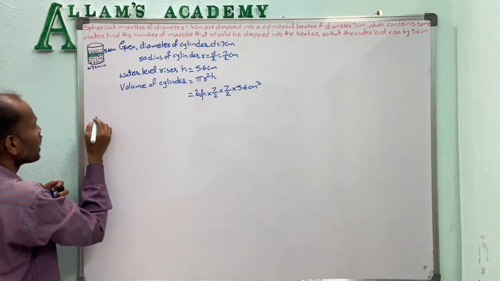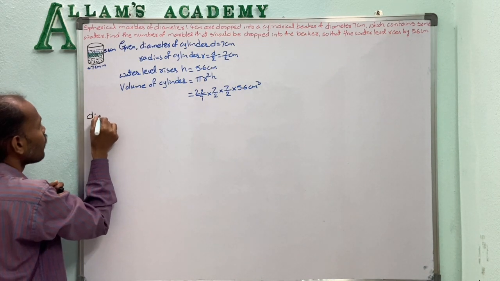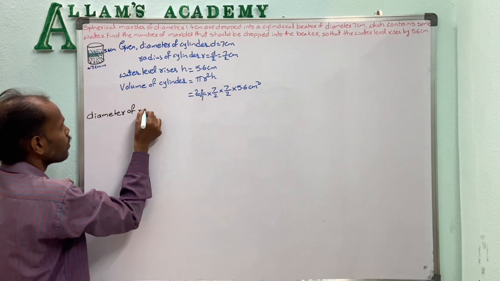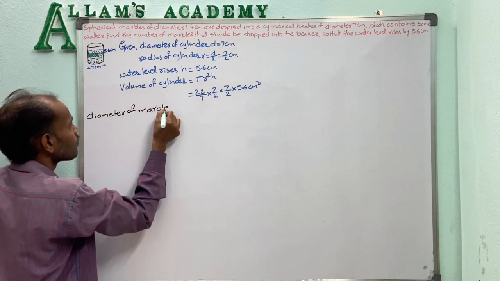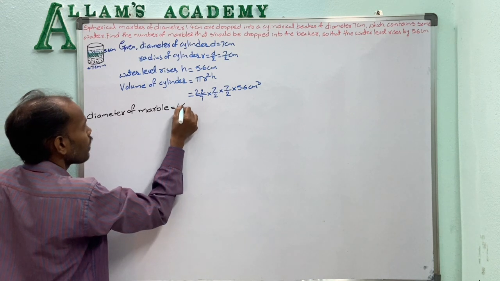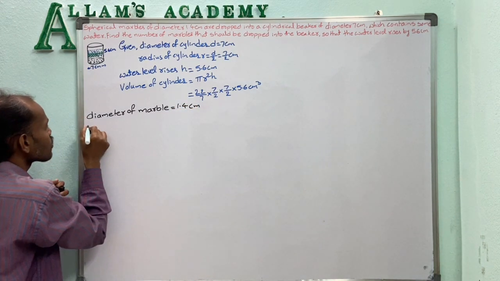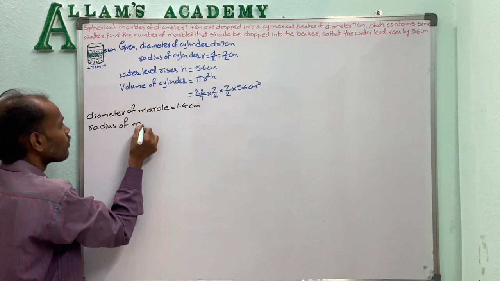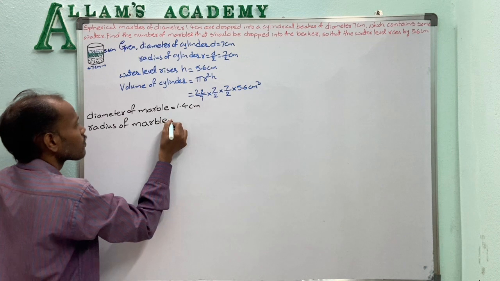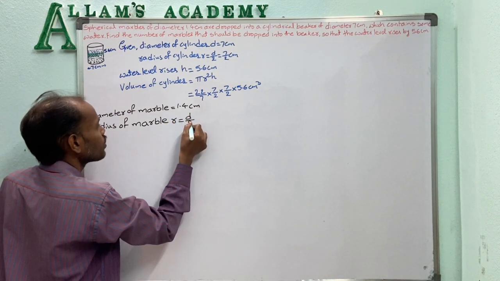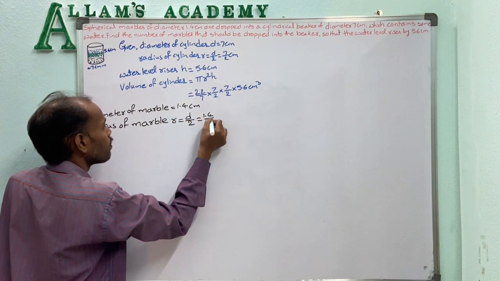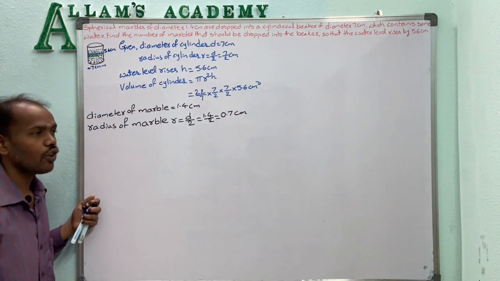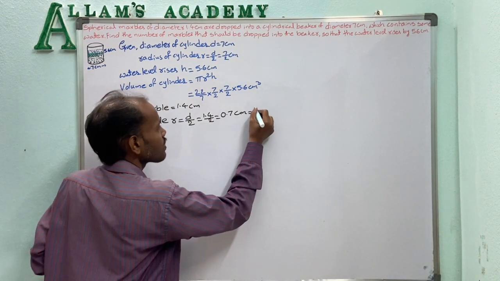So they are given, diameter of marble equal to 1.4 centimeters. So radius of marble r equal to d by 2 equal to 1.4 by 2, that is nothing but 0.7 centimeters. Okay. So 0.7 we can write as 7 by 10 also.